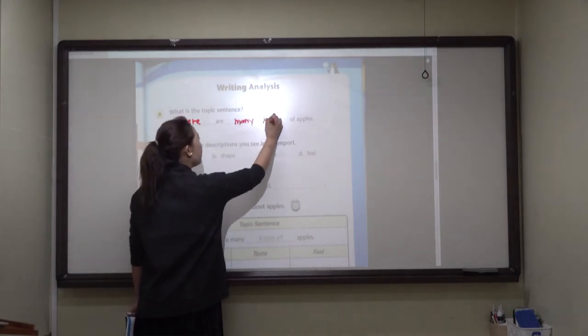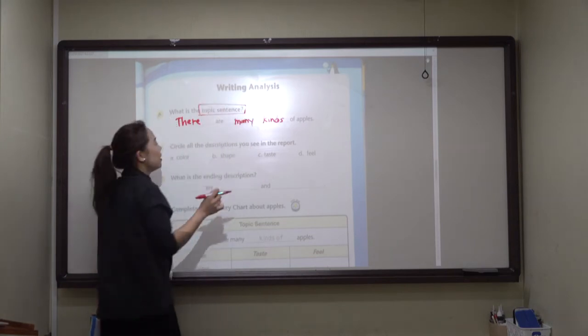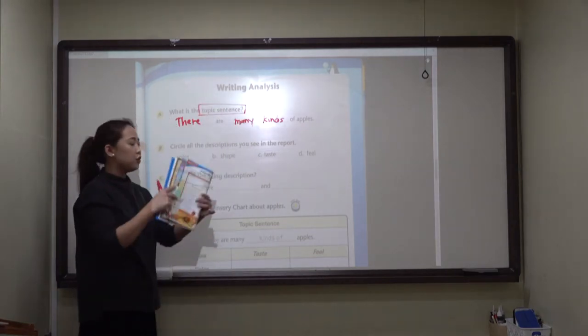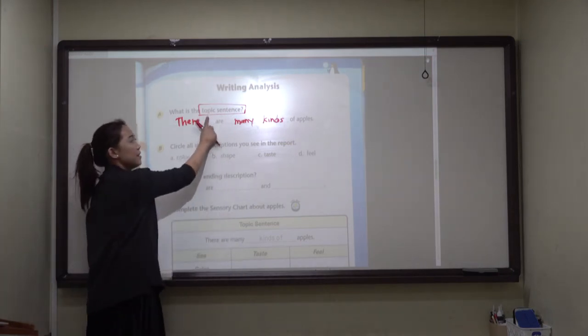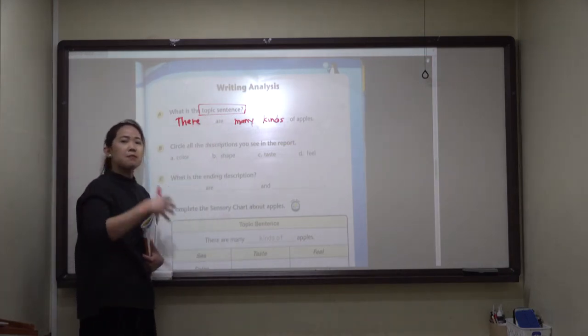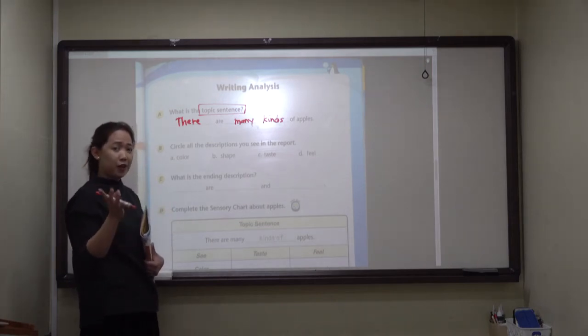So we call this the topic sentence. The article's title is My Apple Report, but the topic sentence is talking about many kinds of apples or various kinds of apples, okay?